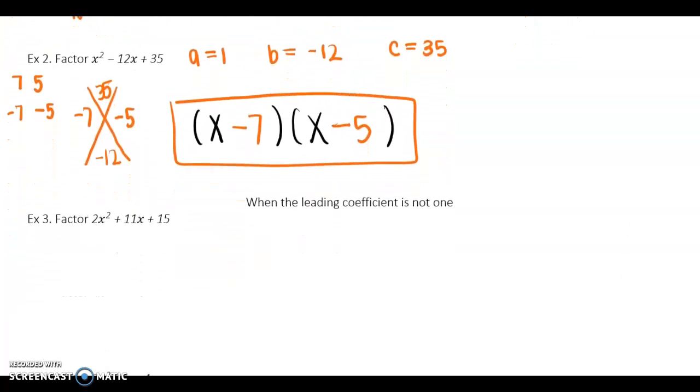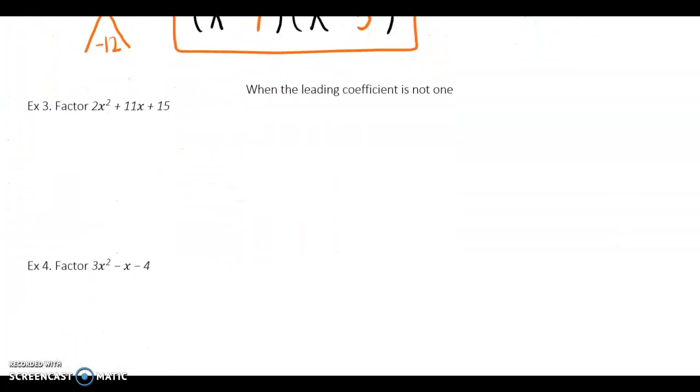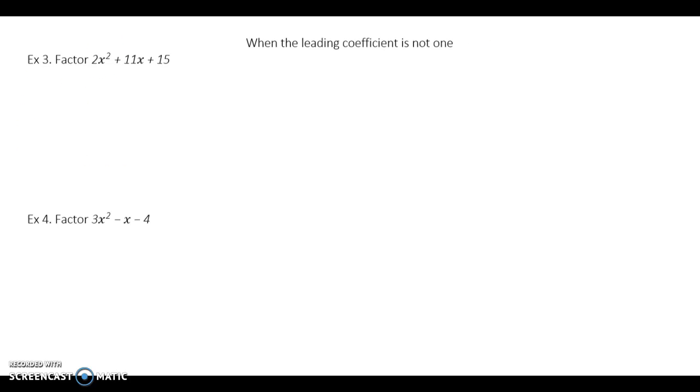What happens when the leading coefficient is not 1? In this case, it's going to be more like a guess and check method. We start off with our parentheses and what we want our answer to be. Remember I said the outer two have to multiply out to 15, and these two have to multiply out to 2x squared.